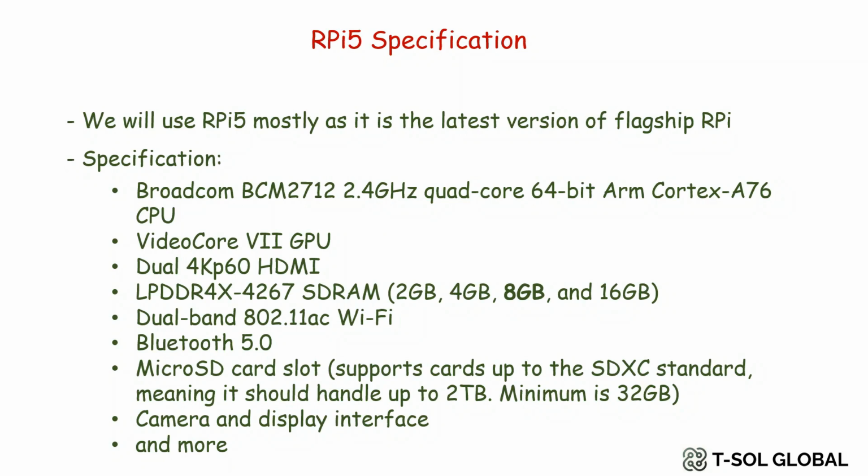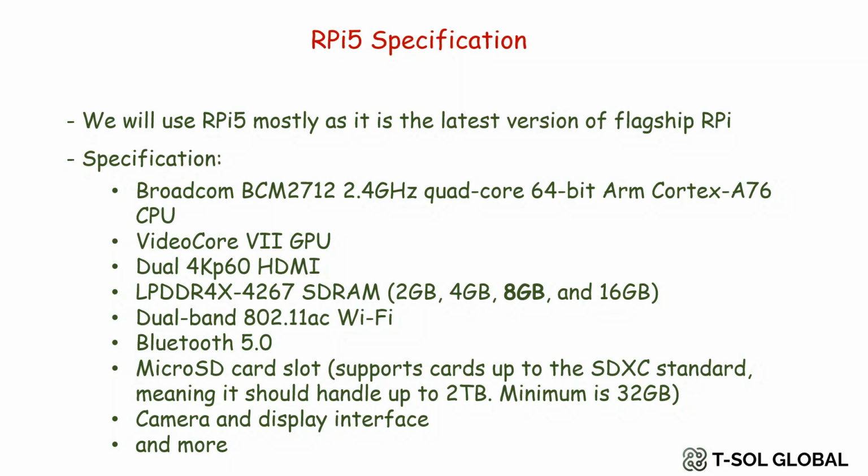It has VideoCore 7 GPU, dual 4K 60 HDMI, LPDDR4X RAM. So we can have like 2 GB, 4 GB, 8 GB, or 16 GB, the different options. But for this series, we'll mostly use the 8 GB one.